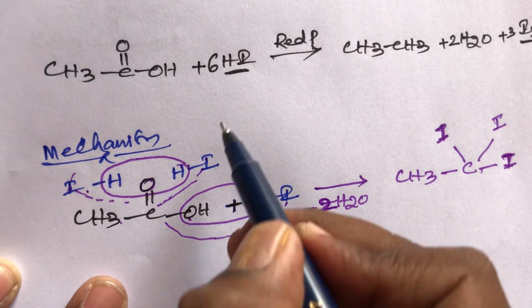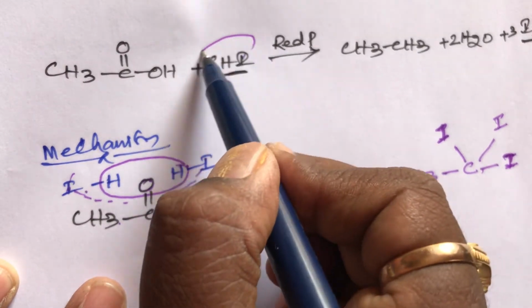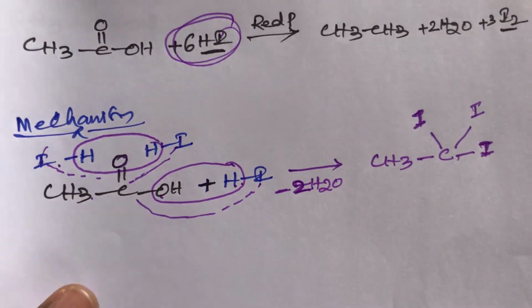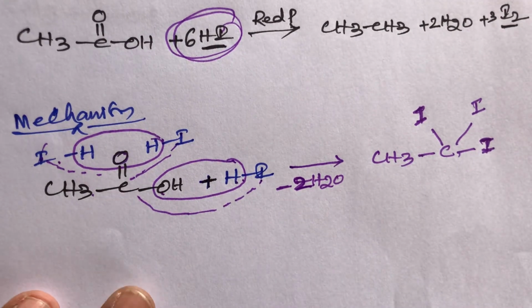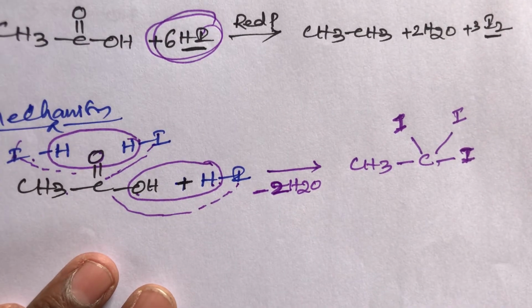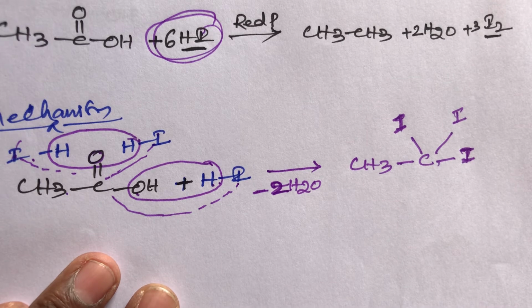In this reaction 6 moles of hydrogen iodide are involved, but in this mechanism in the first step already 3 moles are involved. How many are left, students? Remaining 3 moles of hydrogen iodide are left.